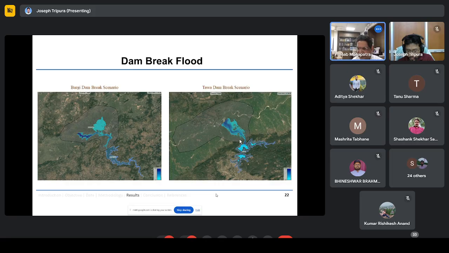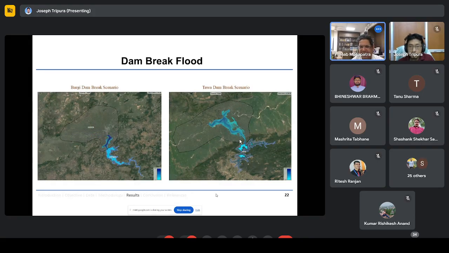The river is real, the dam is real, but its breach size is hypothetical, and the flood never happened. Please don't be under the impression that there was a dam break and this was the actual inundation. It was not that. If the dam breaks, this would be the inundation.